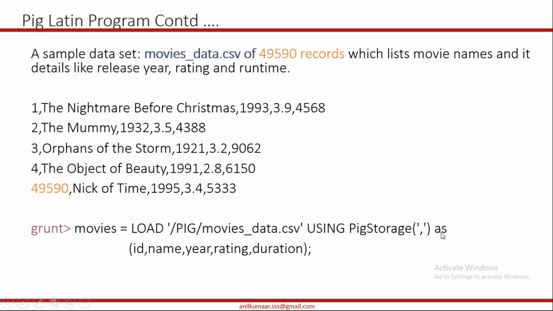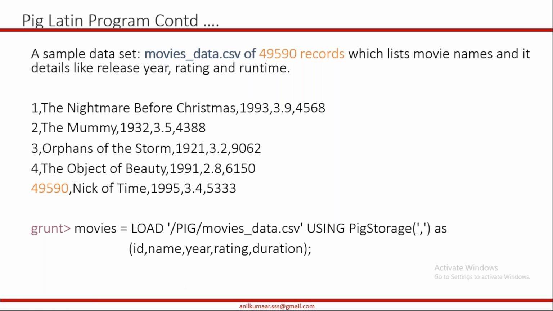And if you look at the AS clause, I simply said ID, name, year, rating, duration, but I have not mentioned any data types. I just provided the field names, not whether ID is an integer, name is a character, or year is a float. But still we can process this data.